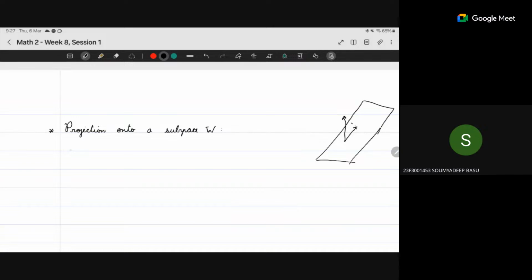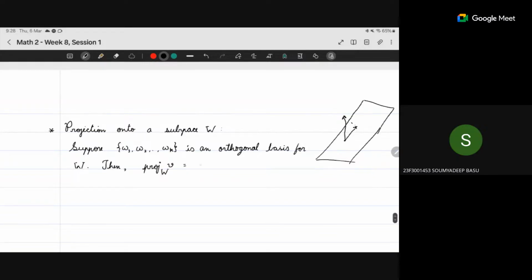Now I'll give you the formula for it. Suppose W1, W2, ..., Wk is an orthogonal basis for W. Then the projection of V onto the subspace W is given by the summation i going from 1 to k of the projection of V onto Wi.